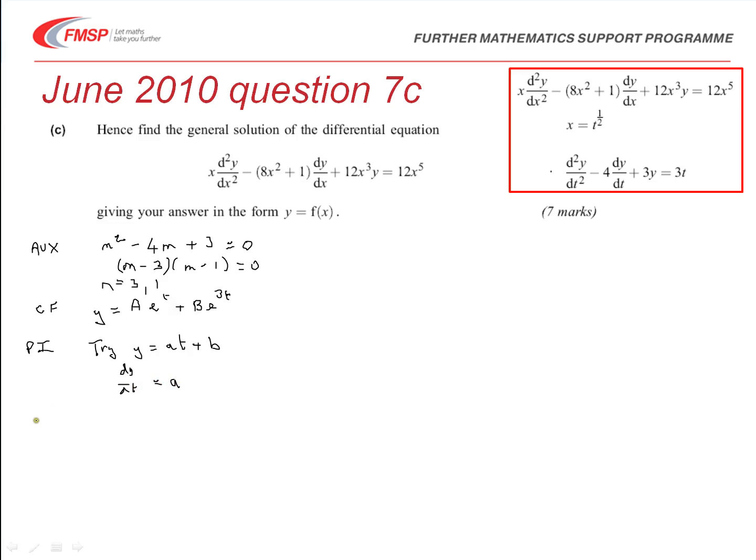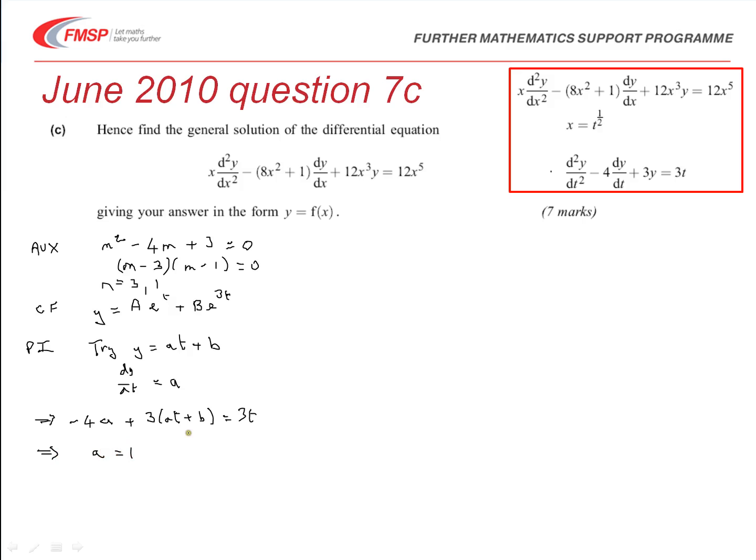So when we substitute them in, we're going to get minus 4 times dy by dt, so that's a, plus 3 lots of at plus b must equal 3t. So comparing the coefficients of t, we got 3at on the left and 3t on the right, so that tells us that a must equal 1.